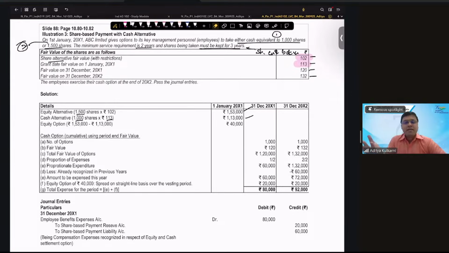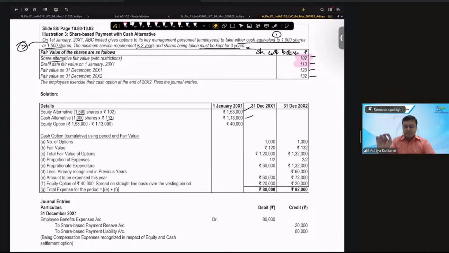Sanjay is getting something more valuable because he is not only getting cash, but he's also getting an option along with that cash that in the future you can ask for equity. Ayush has no option. Ayush has to take only cash. So what the standard says is you have to recognize that excess amount in your financials.